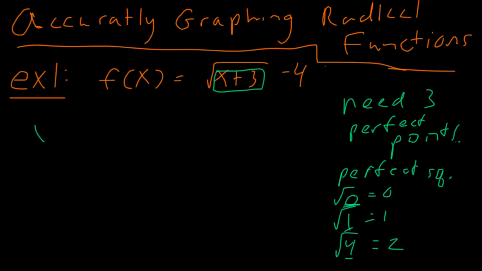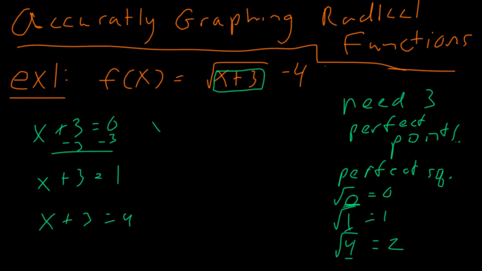Let me show you. X plus 3 is equal to 0, x plus 3 is equal to 1, and x plus 3 is equal to 4. If I subtract 3 on each side, I see that x is equal to negative 3, negative 2, and positive 1.